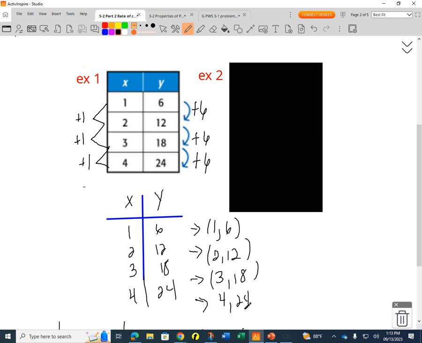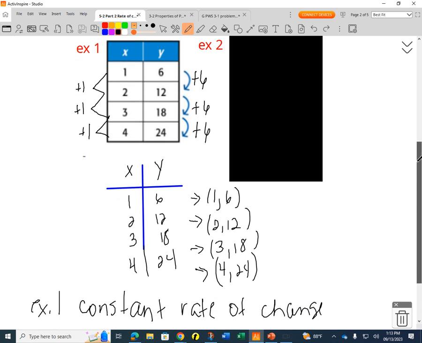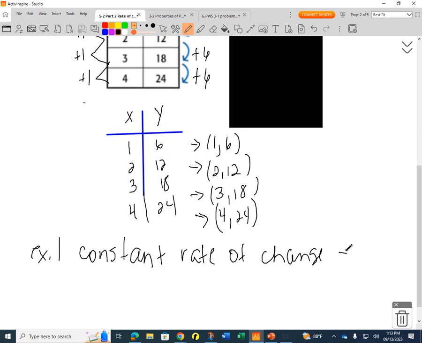You don't really need to know that right now to tell me if this is a constant rate of change or not. Since this has a constant rate of change, I know that it's a linear relationship.